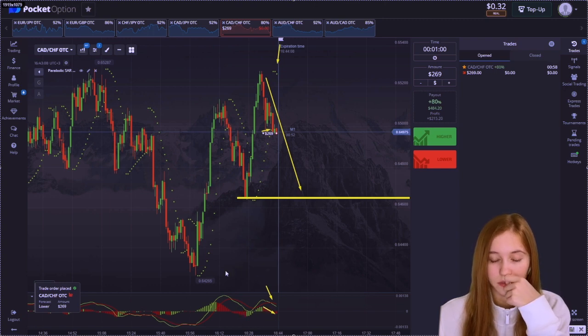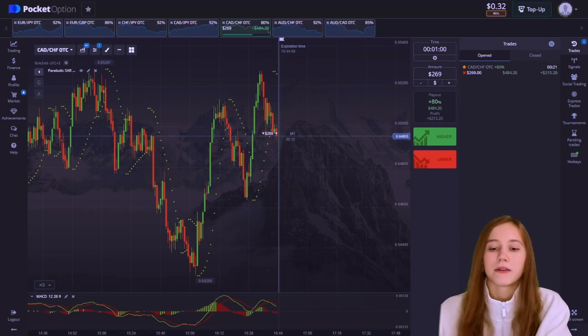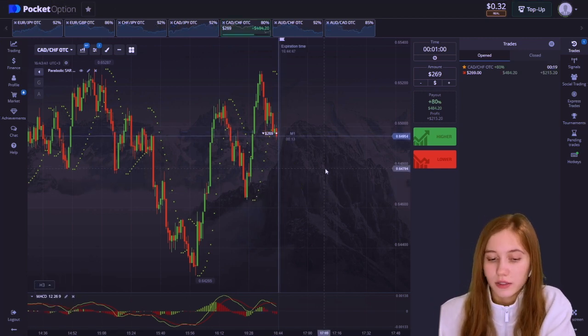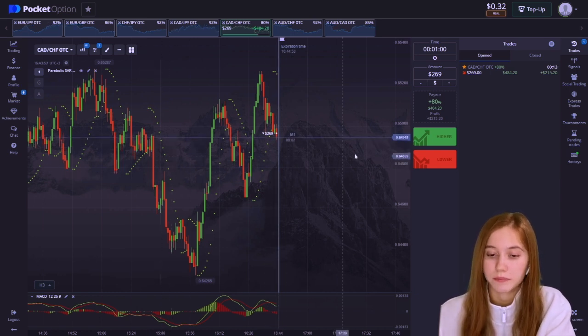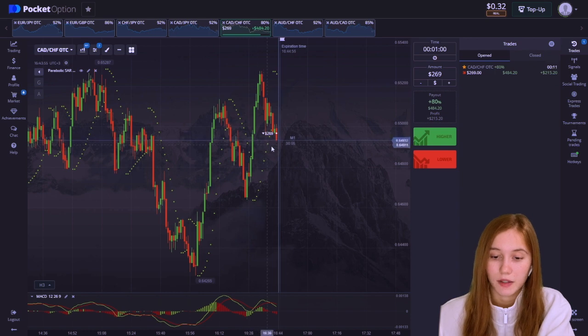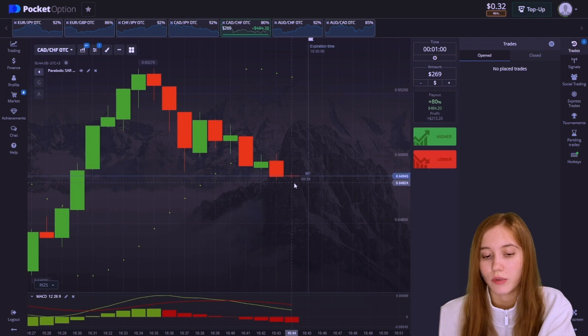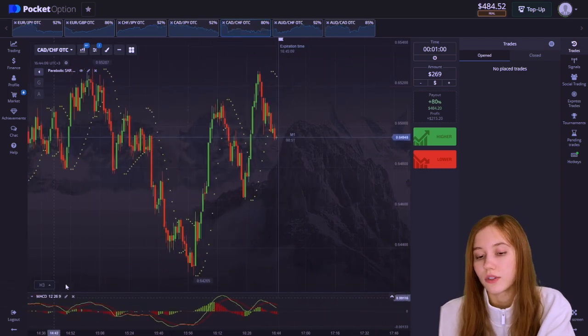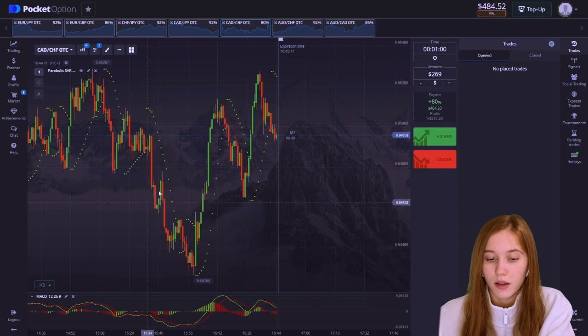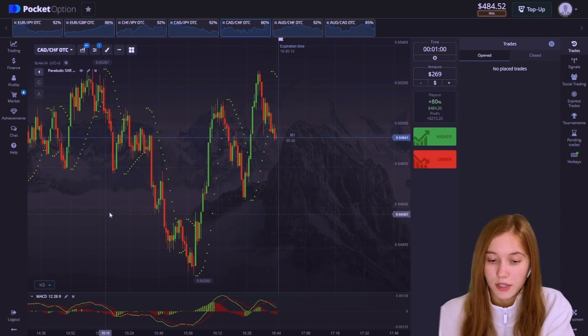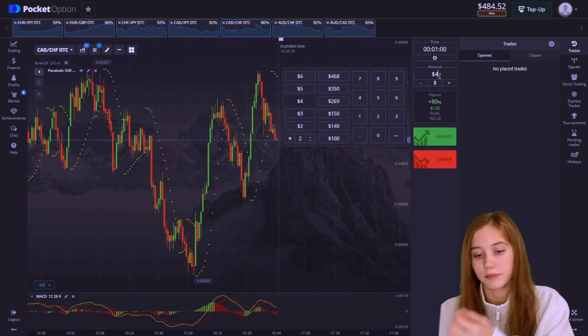Let's see. 17 seconds left until the end of our deal, and we are below our opening point. 10 seconds. Let's see. 4. Great. This deal is also a profit. The total profit is exactly $215. Let's increase the deal amount. And we'll move on to the next concept.